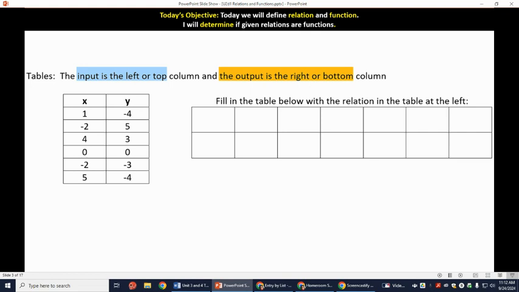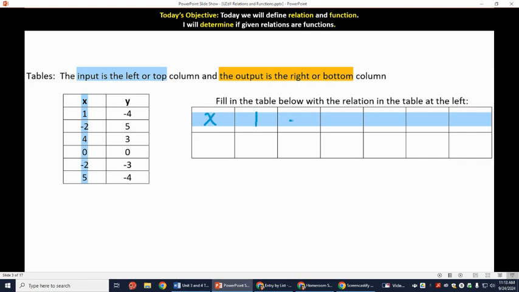Okay, so when I look here, it says fill in the table with the relation that's in the table to the left. So my left column, those x values, that's going to be your top row if you turn the table horizontal. So it's going to go x. Order is important because you still want your points to line up.